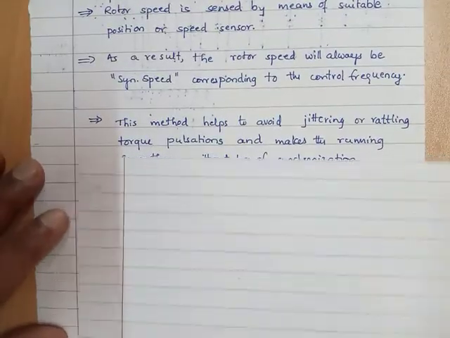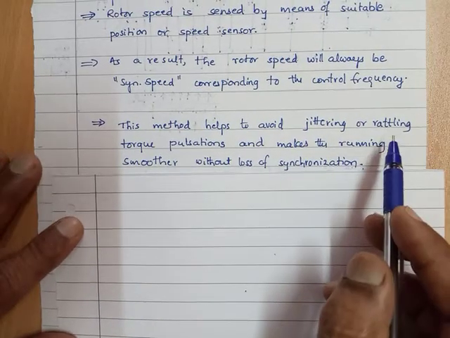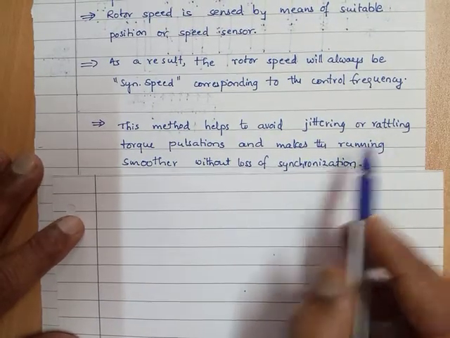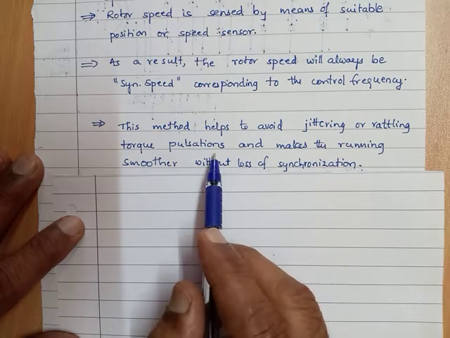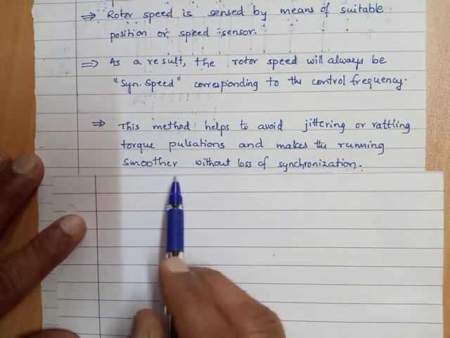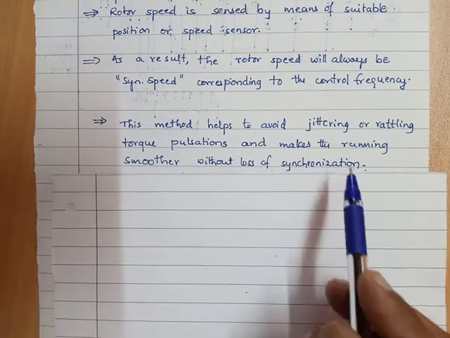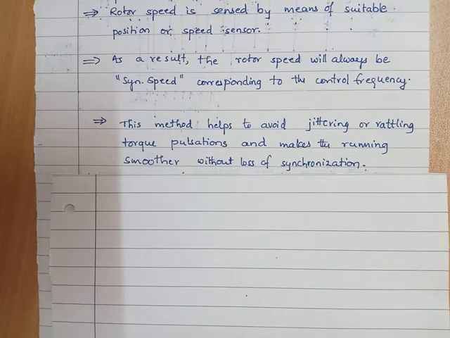This method helps to avoid jittering or rattling, the hunting, the torque pulsations of the motor, and makes the running smoother without loss of synchronization. In the case of a synchronous motor, hunting is a problem.